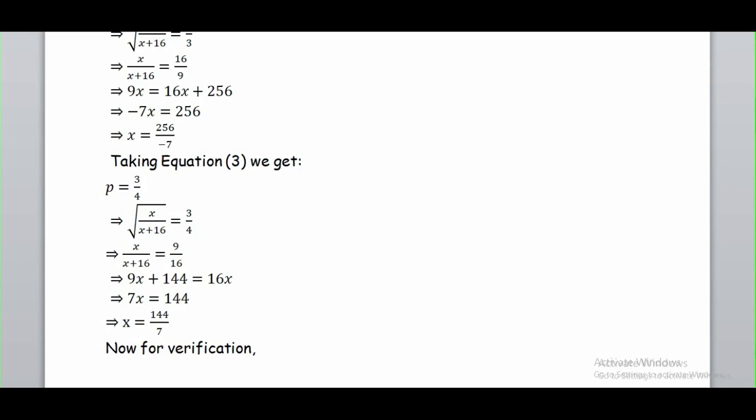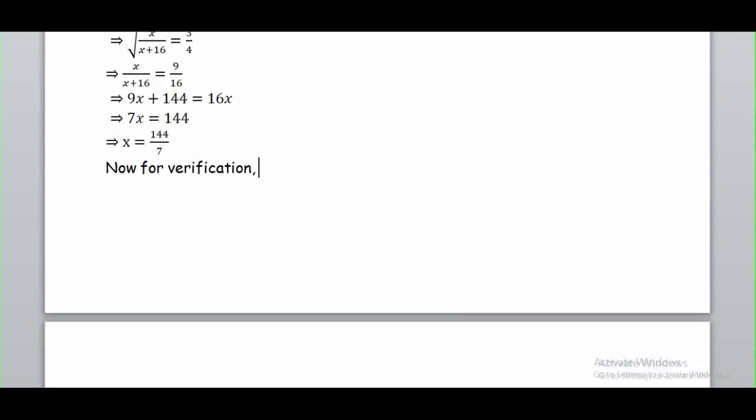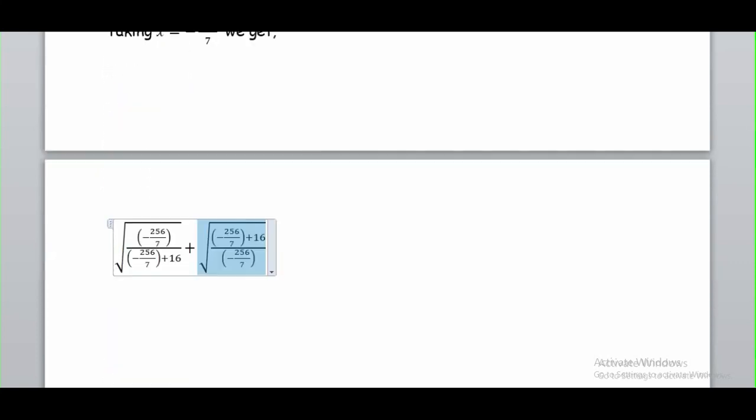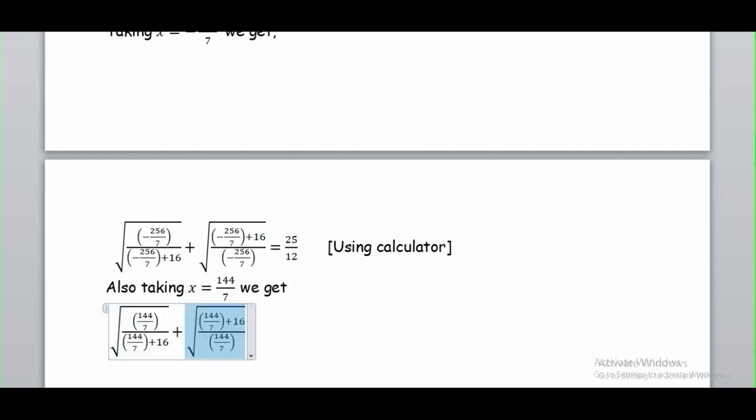And for verification we will use a scientific calculator, and you can use this. I have used it and written the result only. x equal to minus 256 by 7 satisfies the equation, and the second solution also satisfies the equation.